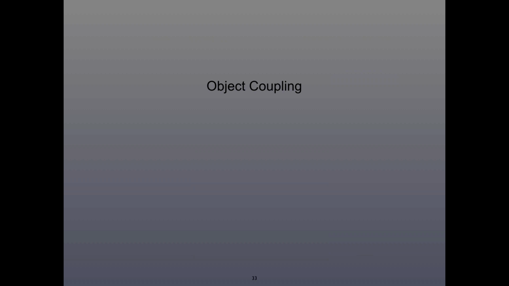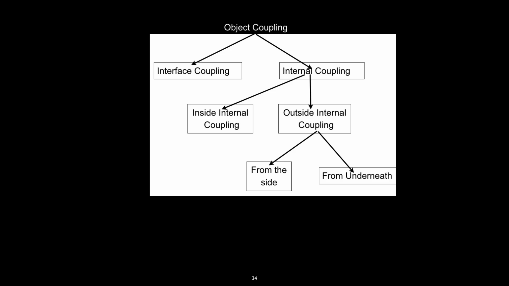Right, so the author wants to talk about object coupling, which is distinct from coupling between methods. And so it's got various different types of coupling.